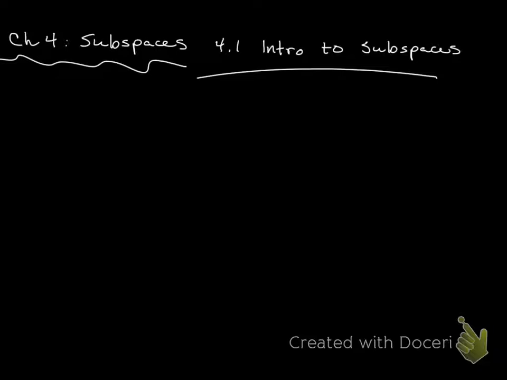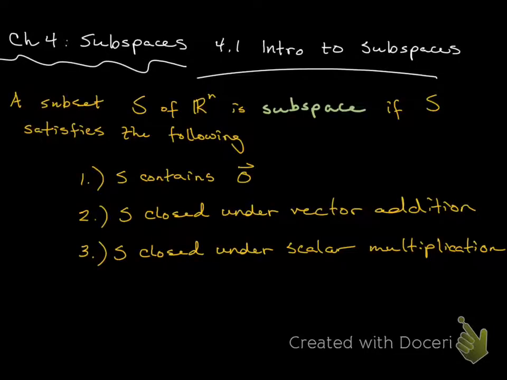In fact, this will be a pretty short video, but I want to talk about subspaces. And to revisit that, I'll just write the definition down quickly for you here. A subset S of Rn is a subspace if S satisfies the following. Now we remember that S, the set, has to include the zero vector and has to be closed under vector addition and scalar multiplication.